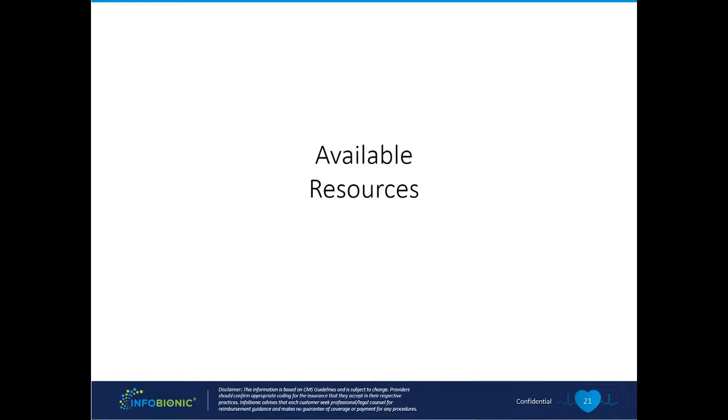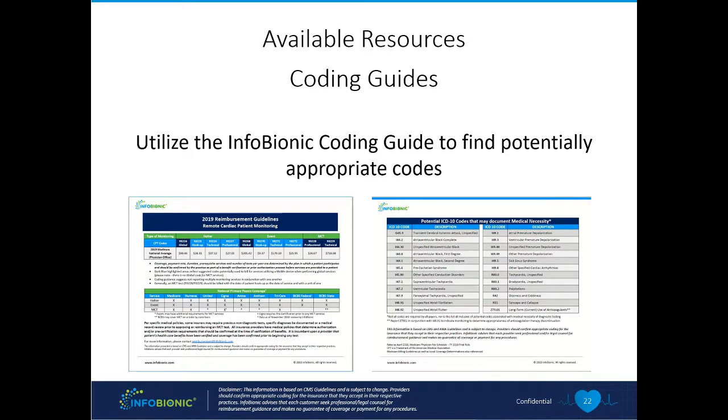Lastly, we want to touch on some resources that Infobionic can make available to support proper coding. The coding guide has appropriate procedure codes, common national Medicare rates, and a common list of ICD-10 codes that several payers may use to indicate coverage for cardiac monitoring. It's the same list that we showed you earlier in this webinar.